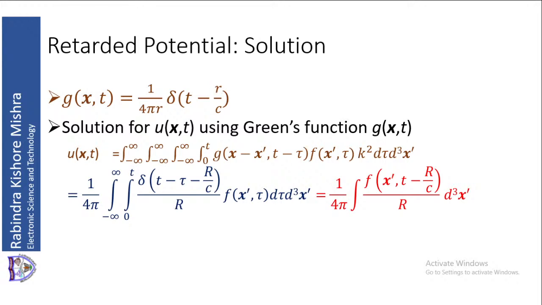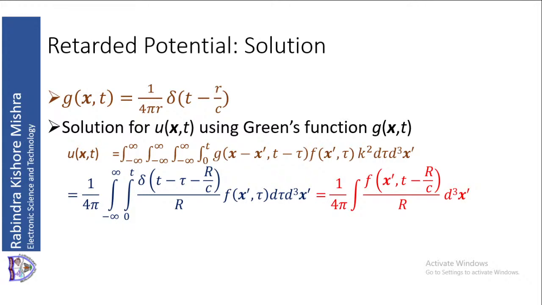Now when you take this integration from 0 to t of delta of t minus tau minus R by c, operating on F(x dash, tau) d tau, that gives us F of x dash, t minus R by c, from the property of the delta function.